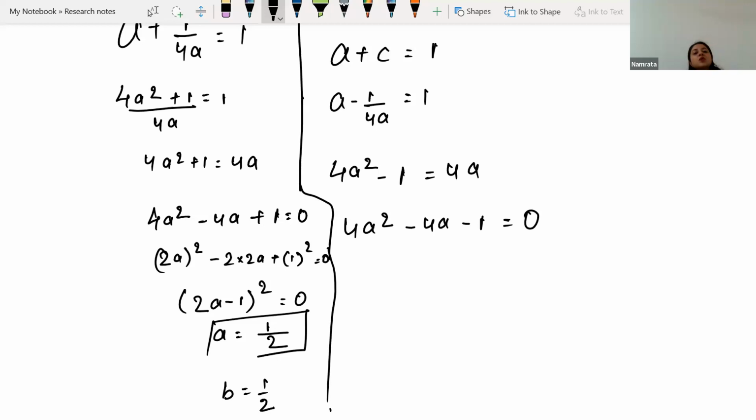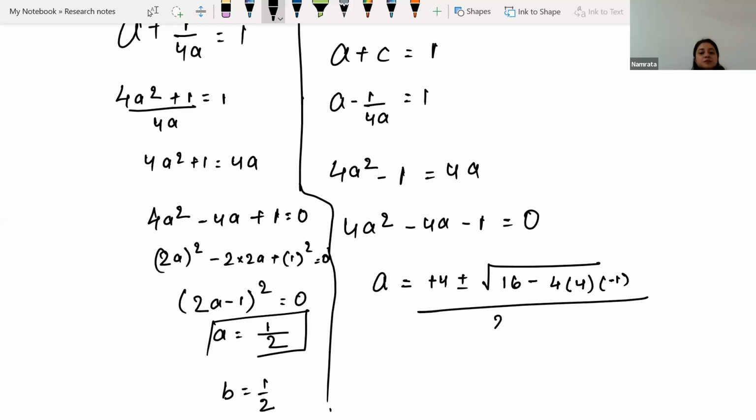We can simply go ahead and apply the formula whenever we don't know whether perfect square method will work or not, whether factorizing with the help of the numbers will work or not. Then quadratic formula will always work. That is minus b, that is b is minus 4, plus minus under root b square. B square is 4 square minus 4ac, 4 times a times c, divided by 2a.